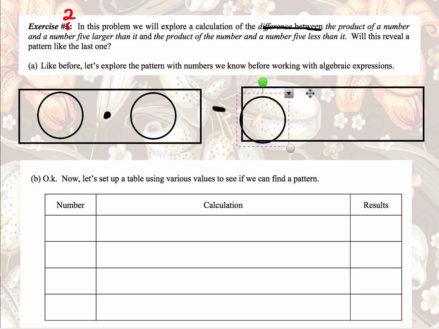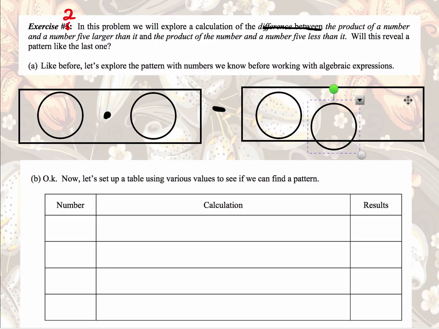And then in the next one, it also says I'm going to have the product of a number, so I need 2 more in there. So basically what I'm doing is I'm multiplying 2 numbers together, and then I'm subtracting what I get when I multiply those 2 numbers together.